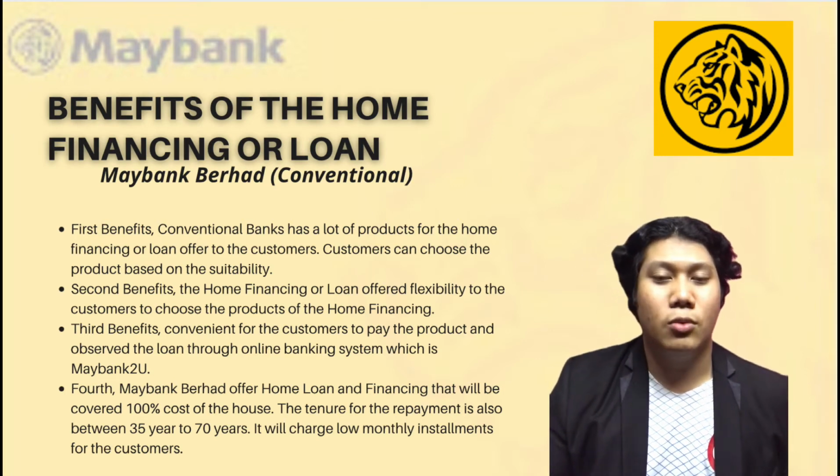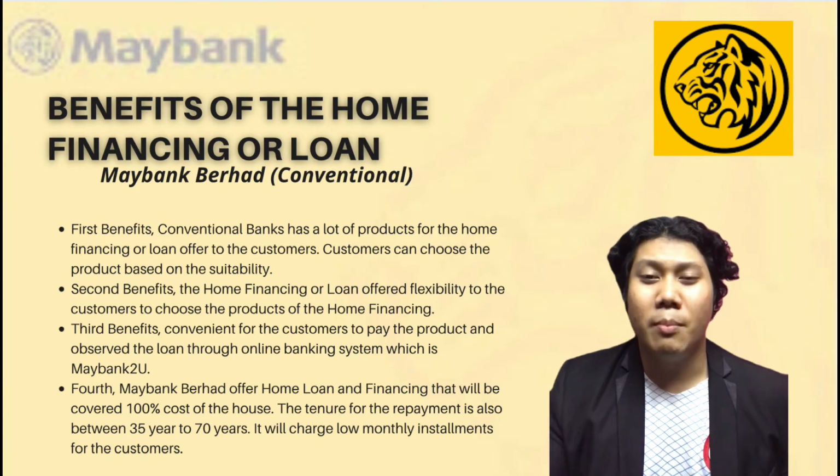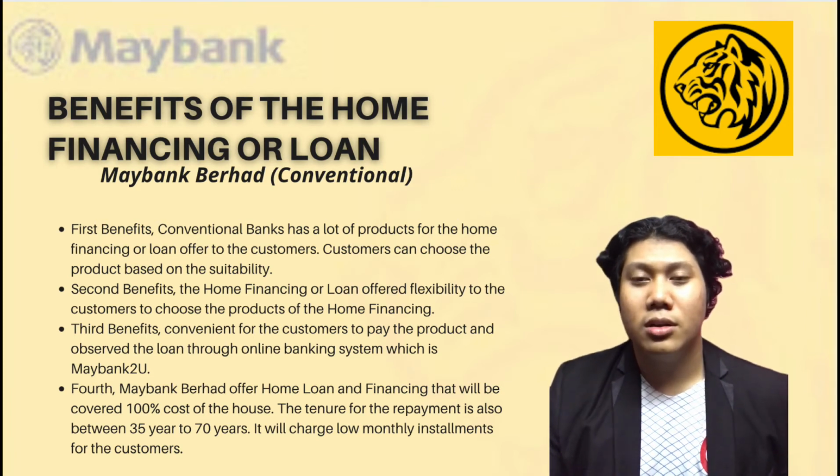The longer it is, the lower the monthly payment for Maybank is. That is one of the benefits you can use at the conventional bank of Maybank Berhad, so that you can apply for home financing easily.